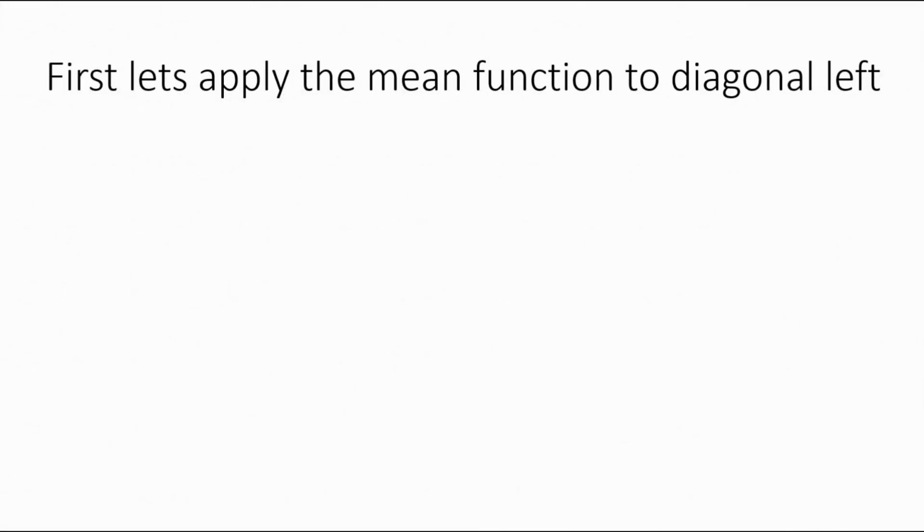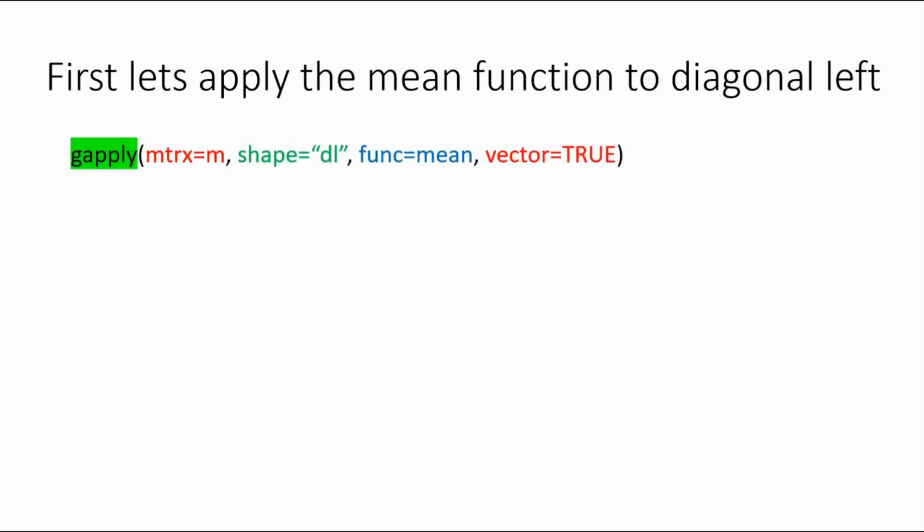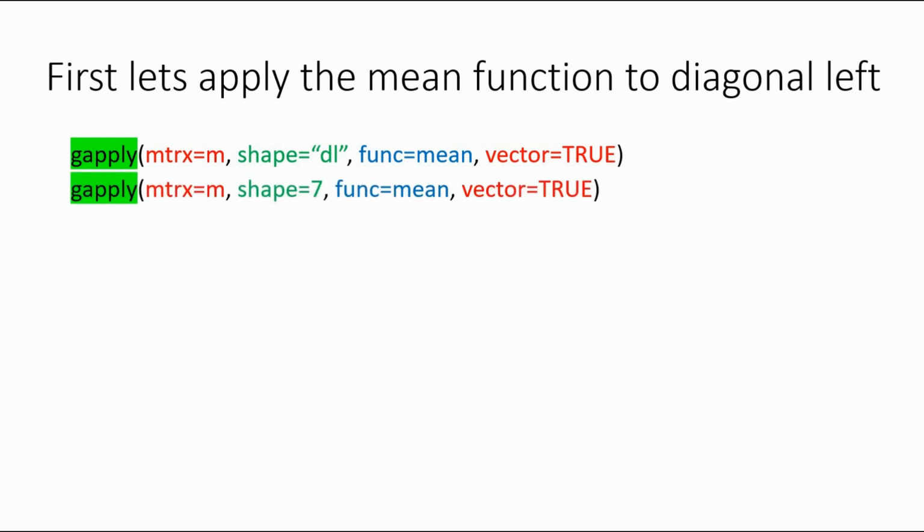Okay, now let's apply the mean function to the diagonal left elements of a matrix. For this purpose, you will have to type gapply, matrix will be equal to M, shape will be equal to DL, function will be mean, and vector may be true or false. You can also type this function replacing the DL with 7, or you can just omit all the parameter names of the gapply function.